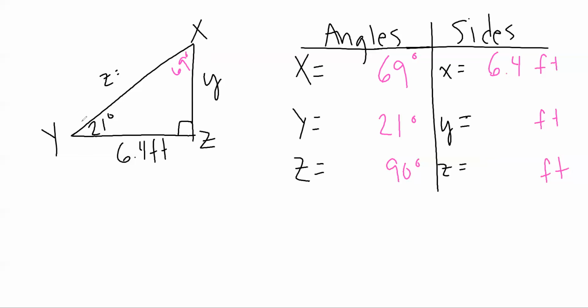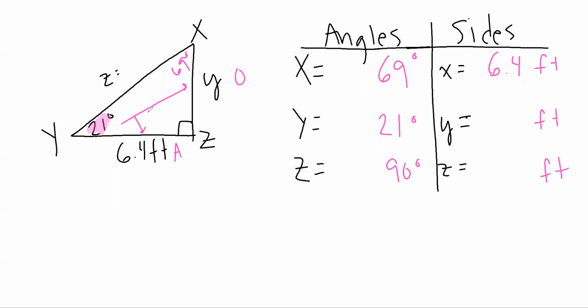To find side y, this would be the opposite, but to find an unknown side length I have to know at least one side, which I do: my adjacent side.